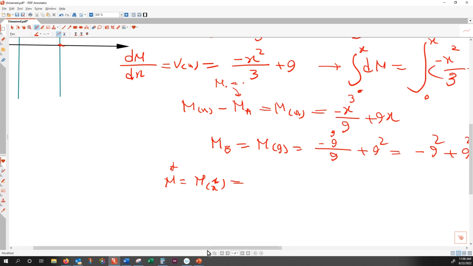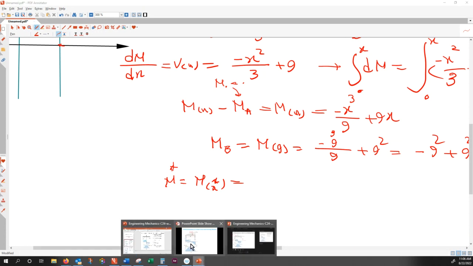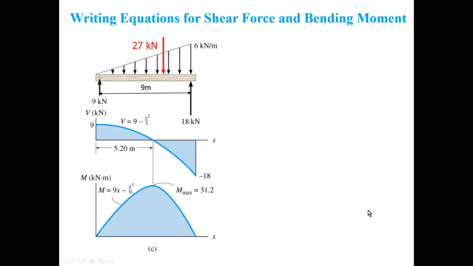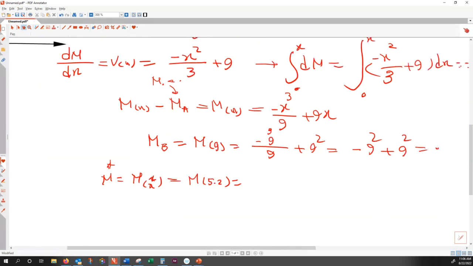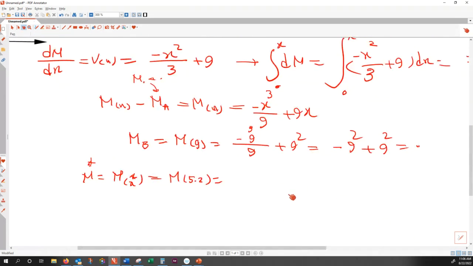And x star, let me check we had this right. Yeah, 5.2, that is correct. I need to plug in, we identified x star as 5.2, and that is minus 5.2 cubed divided by 9 plus 9 times 5.2.